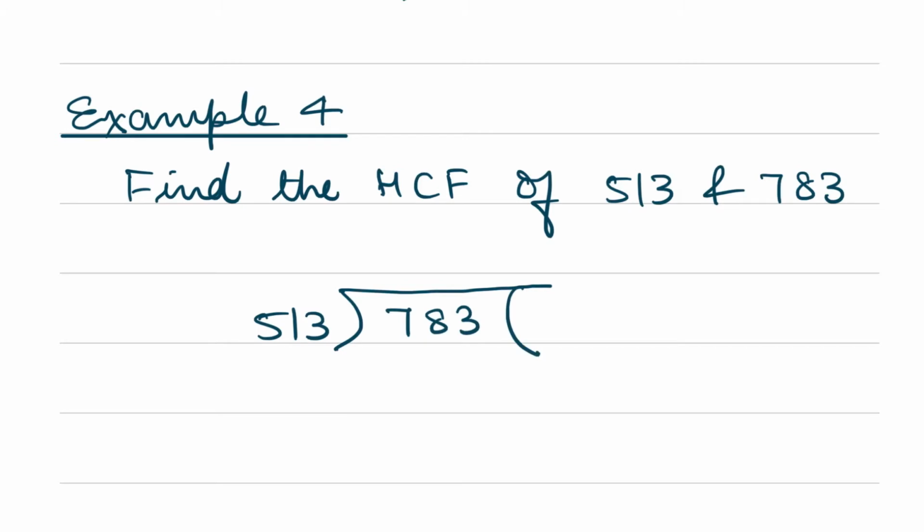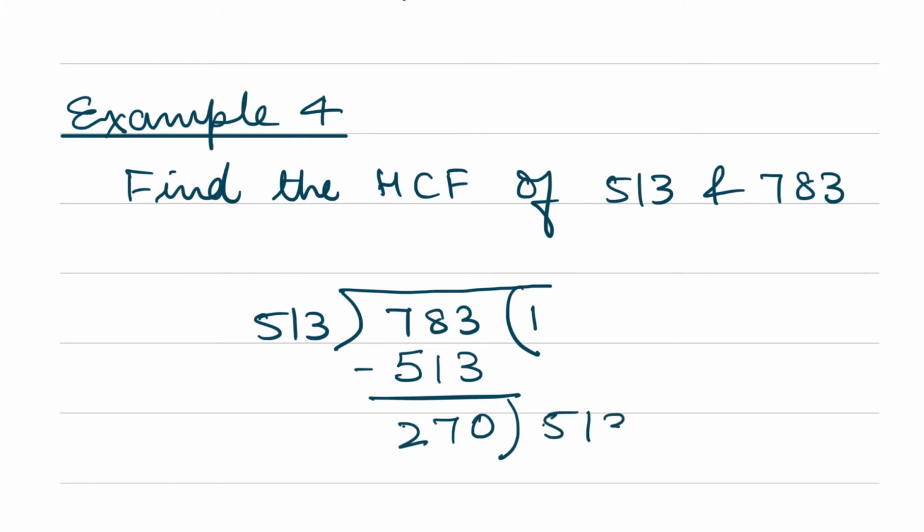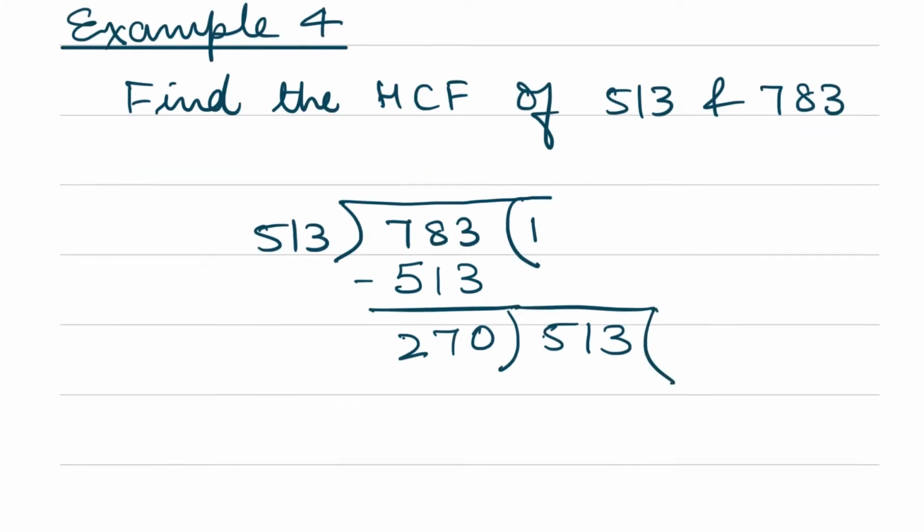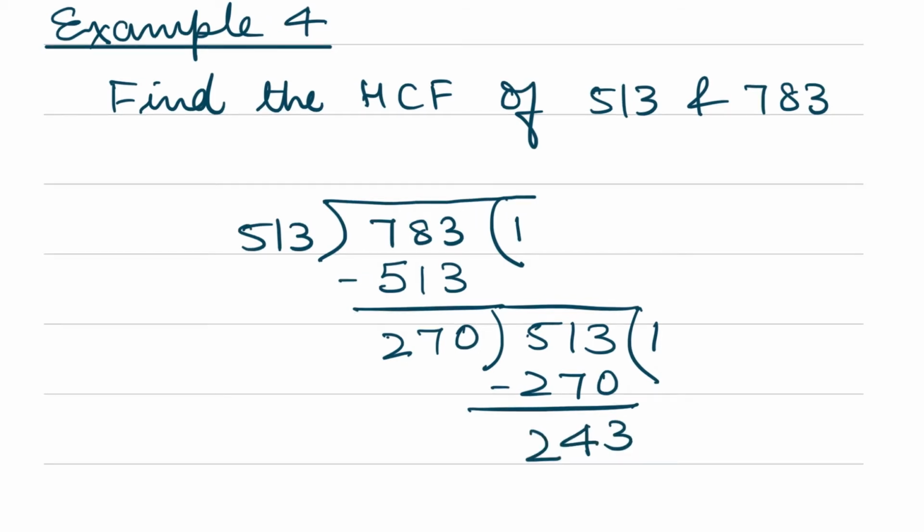So we have 1 time 513, subtracting, we get 270. Then again this becomes the divisor and the previous divisor becomes the dividend. So we have 1 time 270, so we get 243.